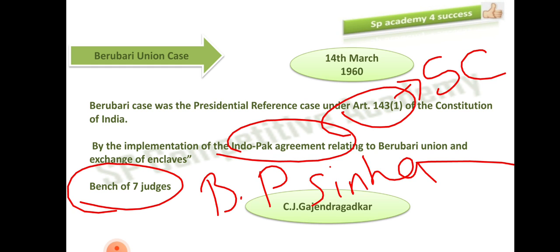What is this Beruberi case? I'm repeating once again, this is related to the Indo-Pak agreement, and to the handing over of the Indian place Beruberi to Pakistan at that time. Related to this, a reference was made by the President to the Supreme Court, and it was heard by a bench of 7 judges. Clear? These were the details of the Beruberi case.